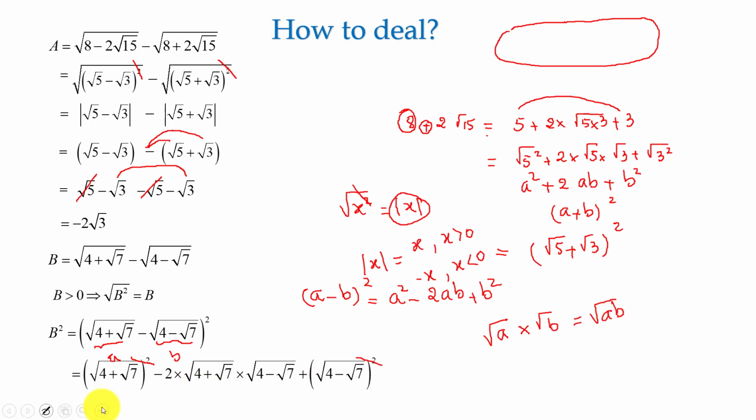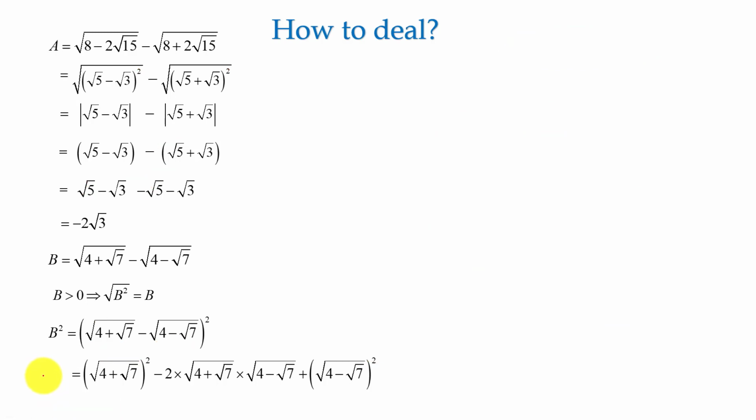So we can write it as 4 plus square root 7, plus 2 square root of (4 plus square root 7)(4 minus square root 7), plus 4 minus square root 7.